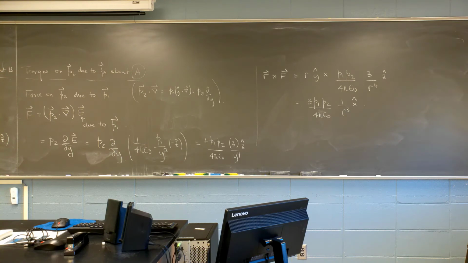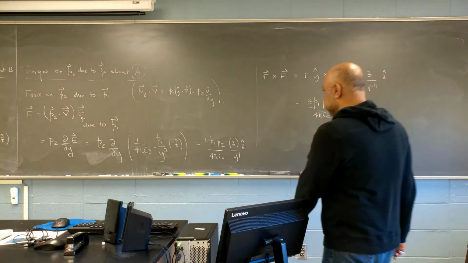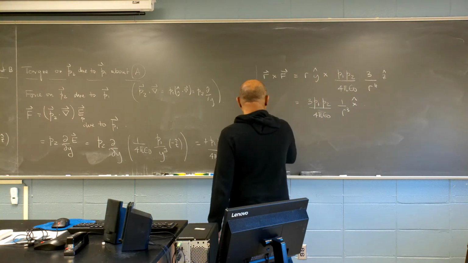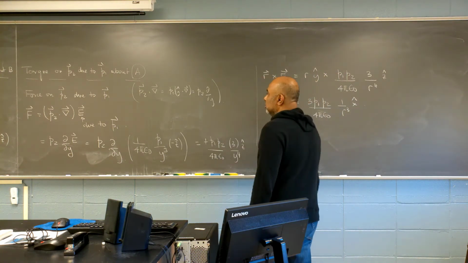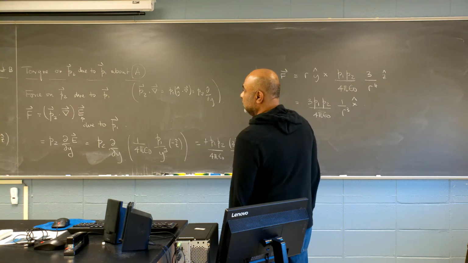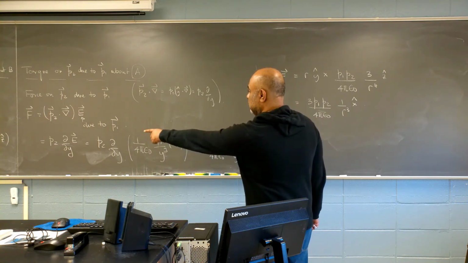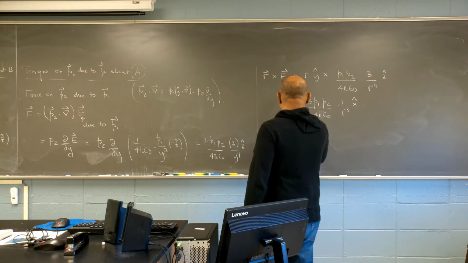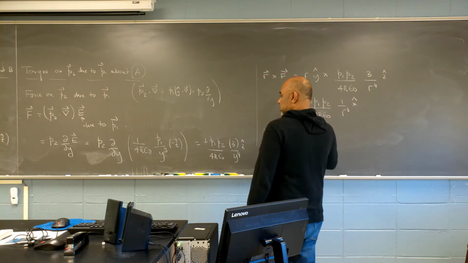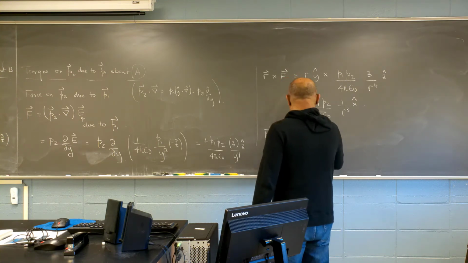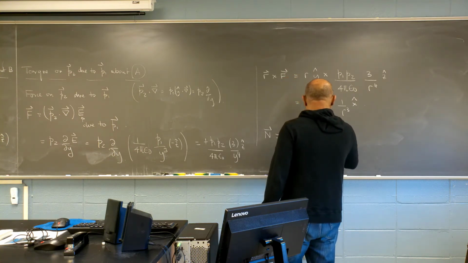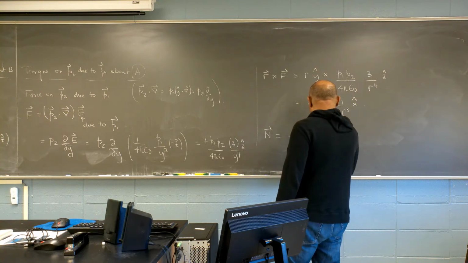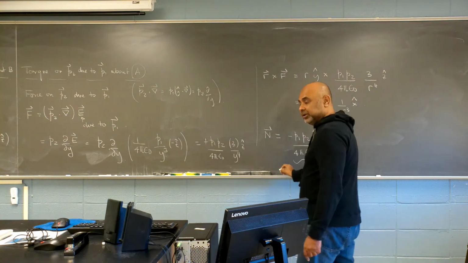Yep, exactly. So then the torque becomes what? Minus P1 P2 over 4 pi epsilon naught, 1 over R cubed, X hat. This is the old P cross E torque.